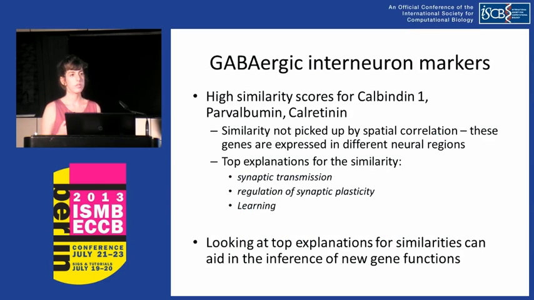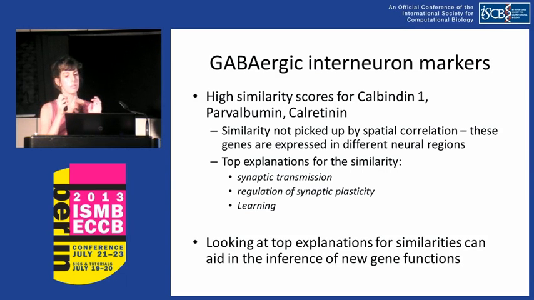As an example of this, we looked at 3 genes that are markers for GABAergic interneurons: calbindin, parvalbumin, and calretinin. These genes have been imaged more than once, each around 10 times, so they've been sampled a lot. Almost all of their pairs of images got very, very high scores when using FuncISH, but not at all when using Neuroblast.